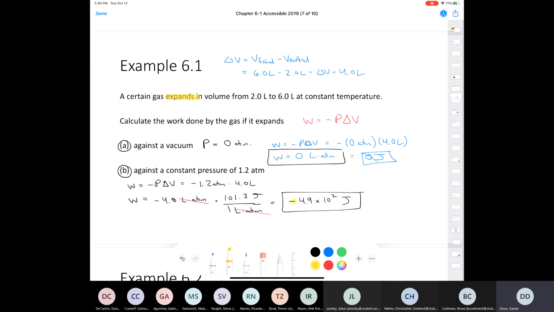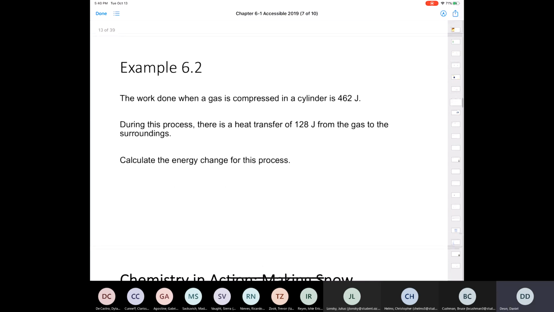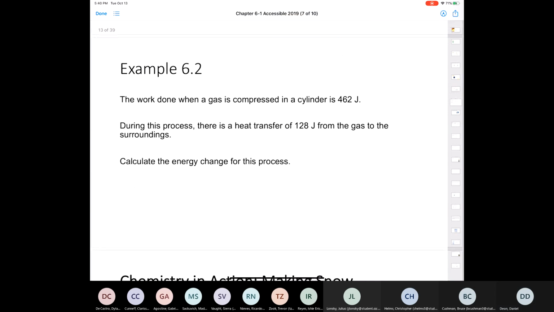Let's try another example. Example 6.2. The work done when a gas is compressed in a cylinder is 462 joules. So this is work. During the process, there's a heat transfer of 128 joules from the gas to the surroundings.